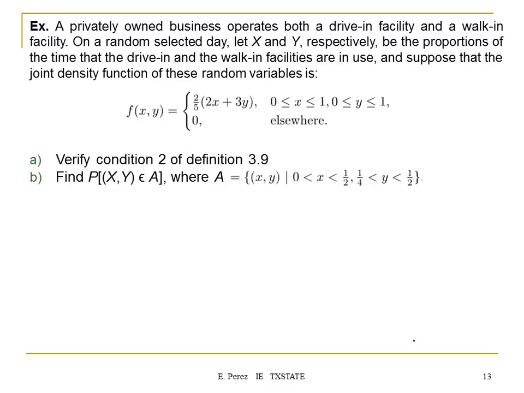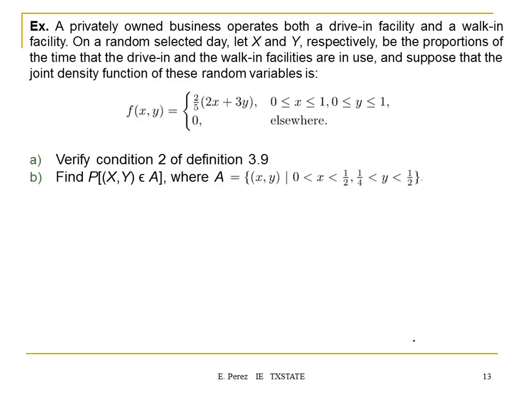Let's say we're looking at a bank. And suppose that the joint density function of these random variables is given by this function f of x and y, for x between 0 and 1 and y between 0 and 1, and 0 elsewhere.